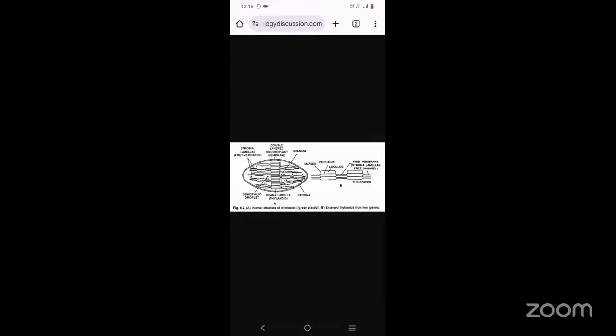Okay, so this one, see here. In the green plants, chloroplasts constitute the photosynthetic apparatus and act as the site of photosynthesis.